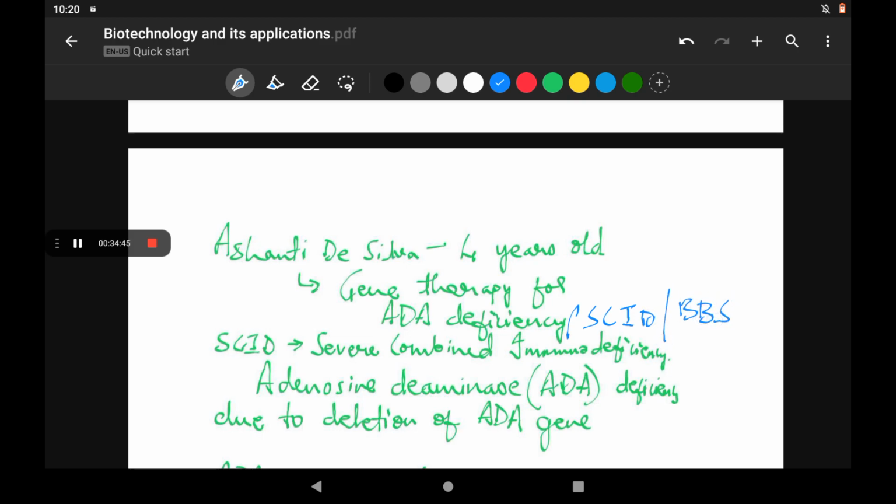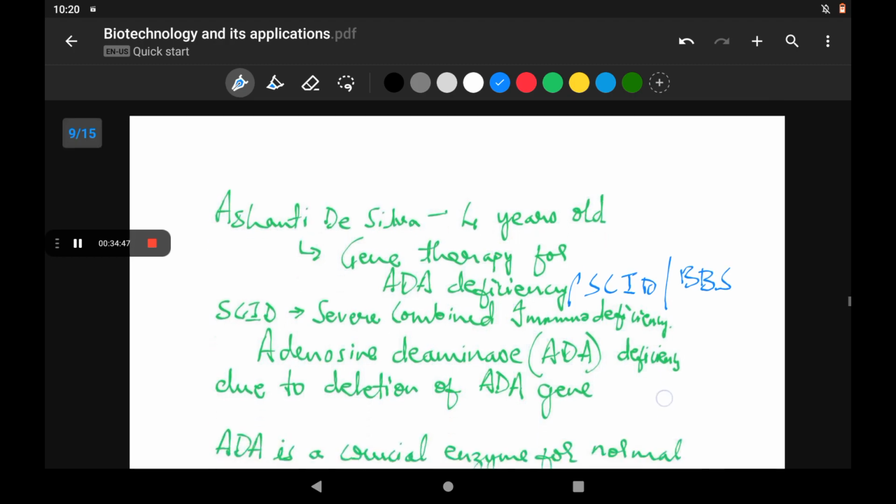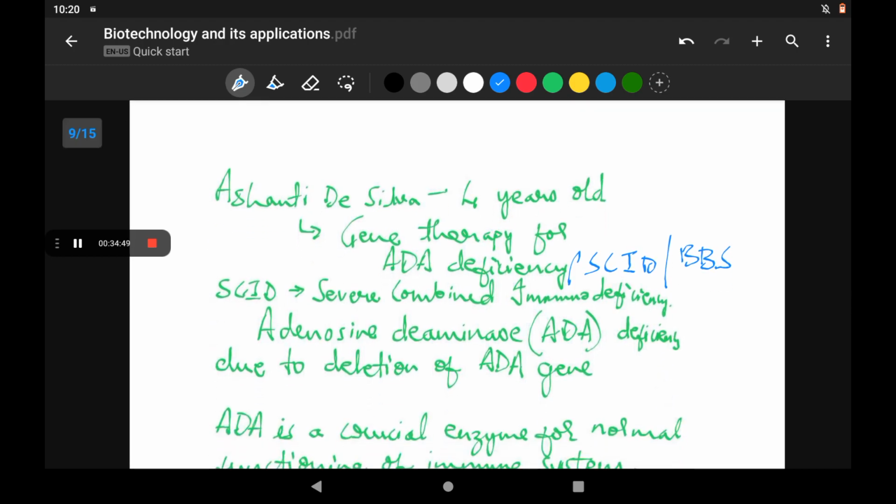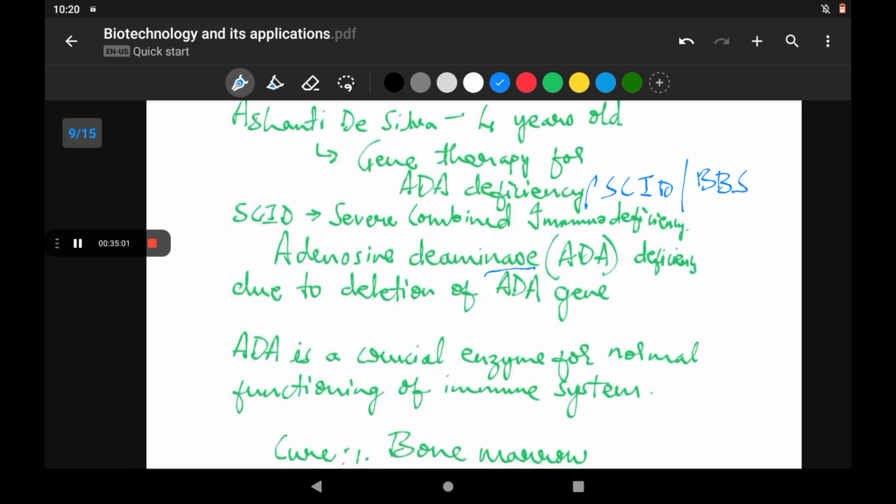SCID is severe combined immunodeficiency. Adenosine deaminase, that is what ADA is, is an enzyme. This enzyme is crucial for the functioning of the immune system. So if it is absent, the immune system doesn't function. That is why the patients suffer from severe combined immunodeficiency.